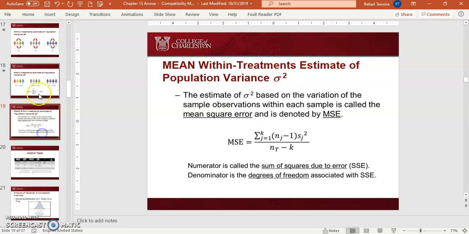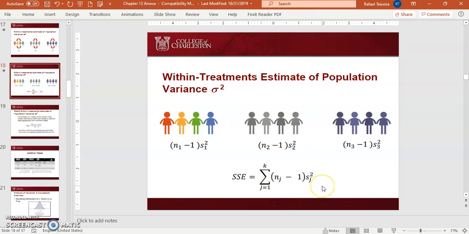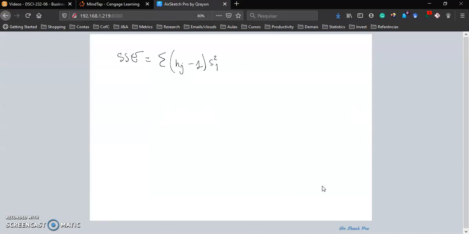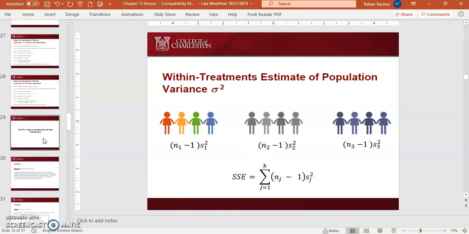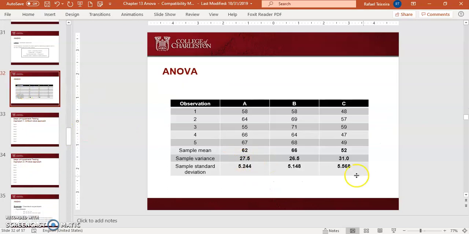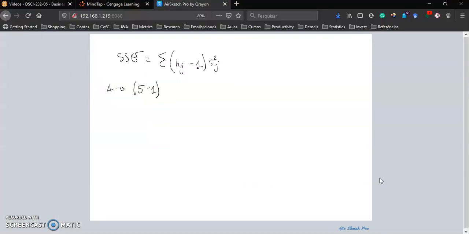Sum of square error is equal to the summation over the groups of the sample size minus 1 multiplied by the variance of each group. So for group A, I have 5 minus 1 multiplied by the variance. I don't remember how much the variance is, so let's take a look at my table again. In here, the variance is 27.5.